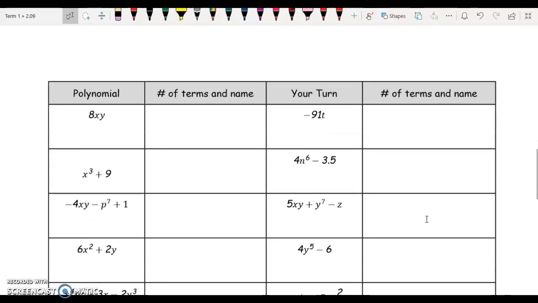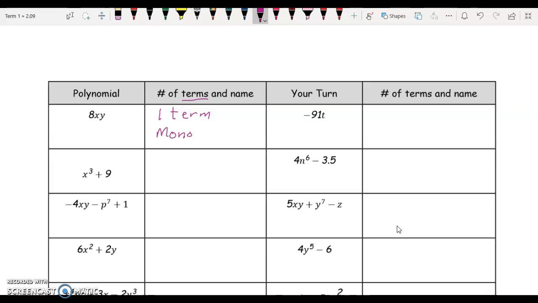So now we want to look at how we name polynomials based on the number of terms that they have. Remember, terms are the product of a number and a variable or variables. I notice that this only has one term, and a single-term polynomial is called a monomial.